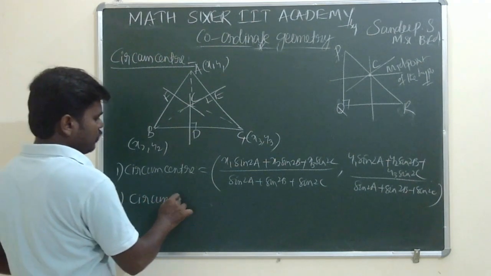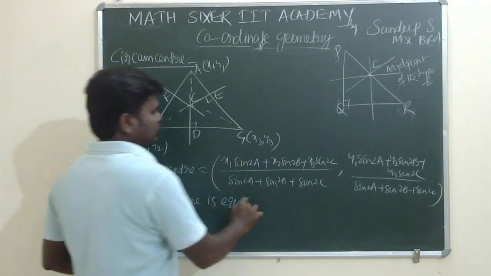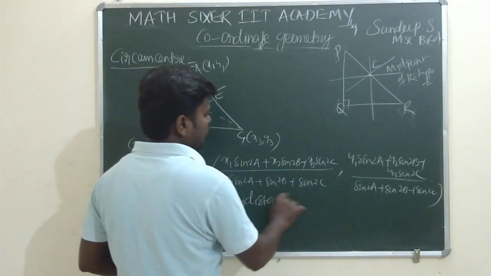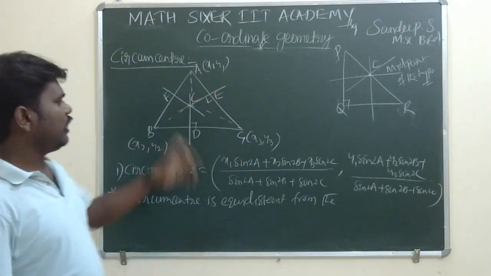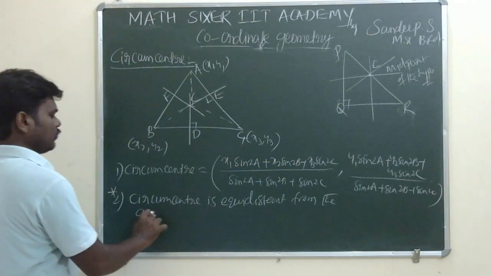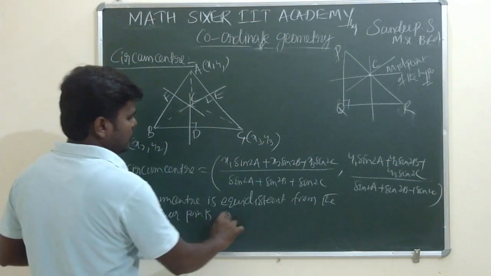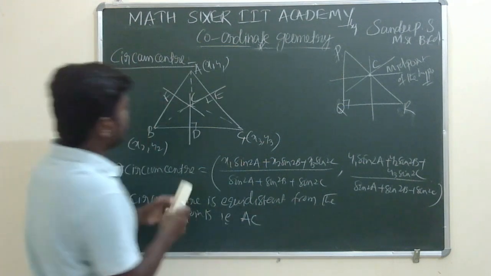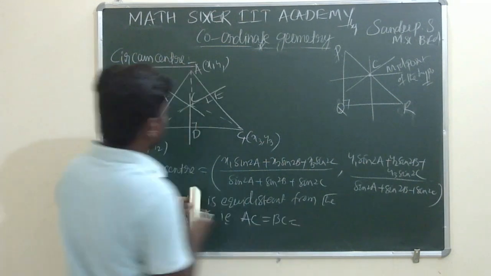The circumcenter is equidistant from the angular points. Angular points means here A, B, C. That is, here AC1 is equal to BC1 is equal to CC1.